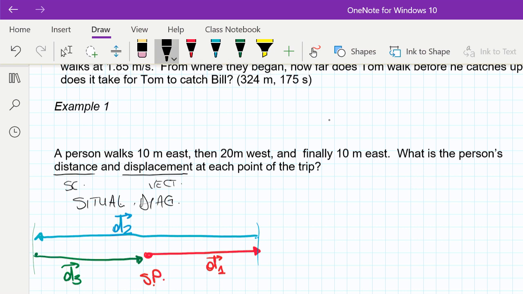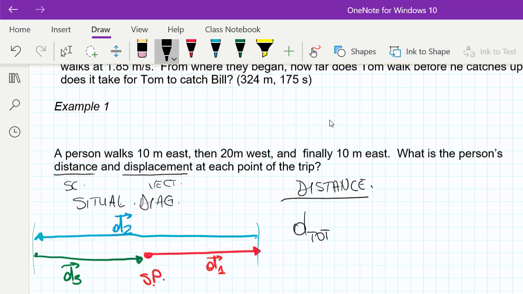So let's discuss now what the distance is and what the displacement is. The distance is how much the object is moving. How much is this particular person moving? So it is going 10 meters, 20 meters, and then 10 meters. So we don't care about the direction.